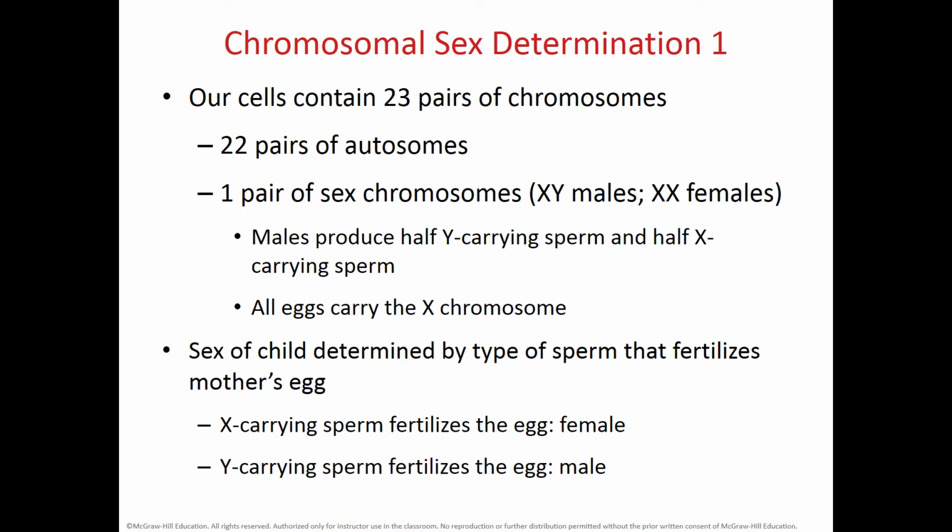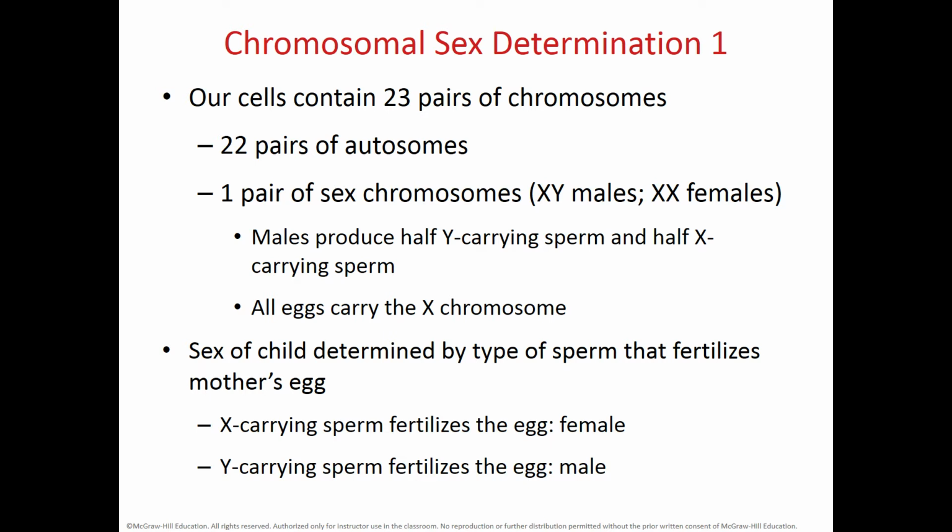Now, sex is determined by the type of sperm that fertilizes the mother's egg. So the egg of the mother is always carrying an X chromosome, but the male has the X or the Y. So if the sperm cell has the Y chromosome and fertilizes the egg, the product will be a male.